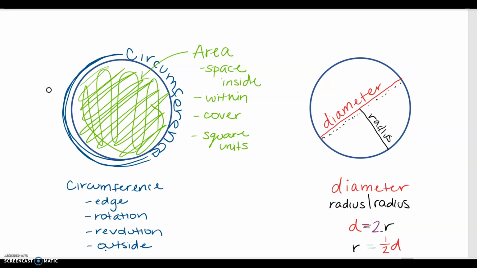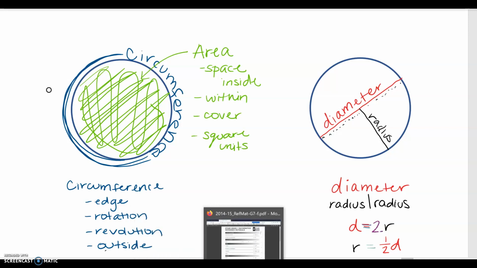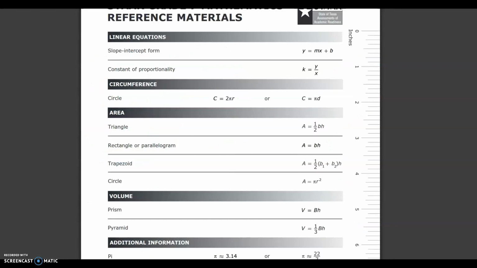Okay, so based on all that information, based on knowing if I'm looking for circumference or area, or if I have diameter or radius, I am going to use my formula chart. First of all, if I'm looking for circumference, which is the edge or rotation, the outside of a circle, I'm going to be using one of these two formulas.